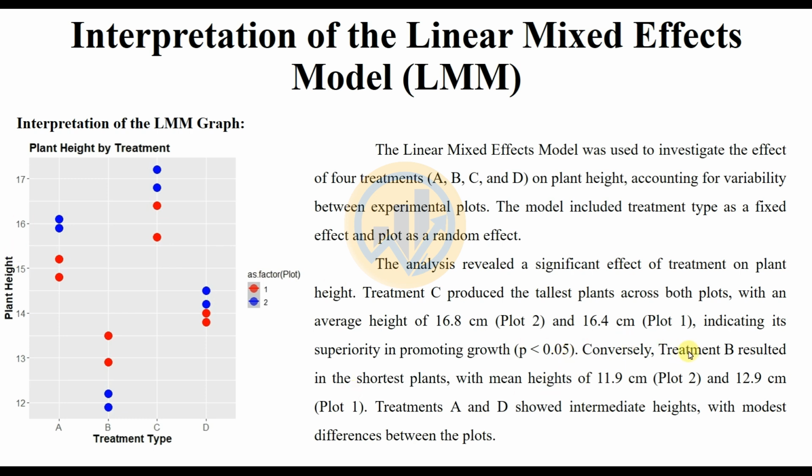Conversely, treatment B resulted in the shortest plants, with a height of 11.9 centimeters in plot 2 and 12.9 centimeters in plot 1. Treatments A and D showed intermediate heights with small differences between the plots.